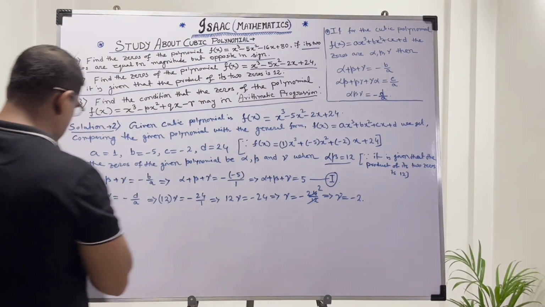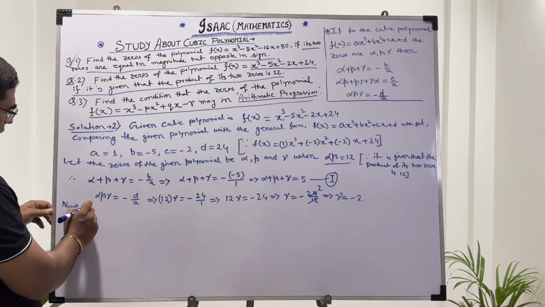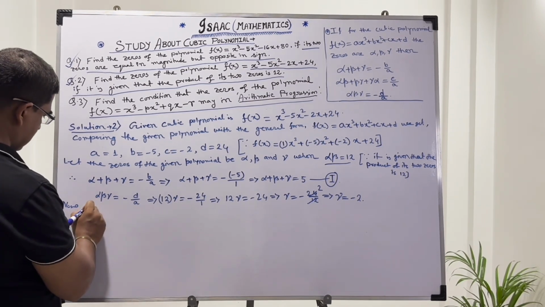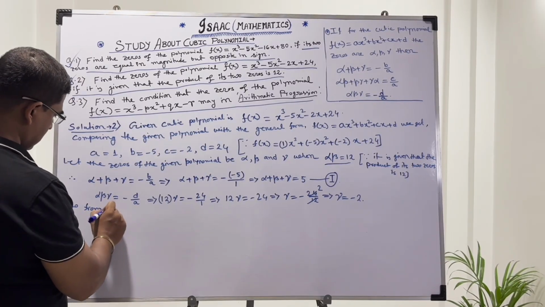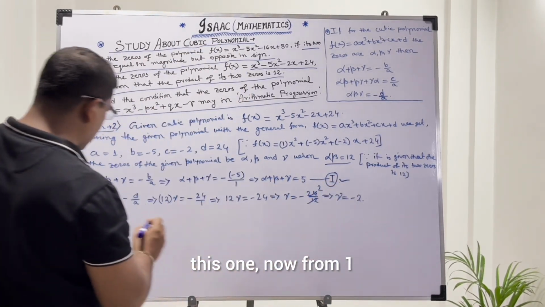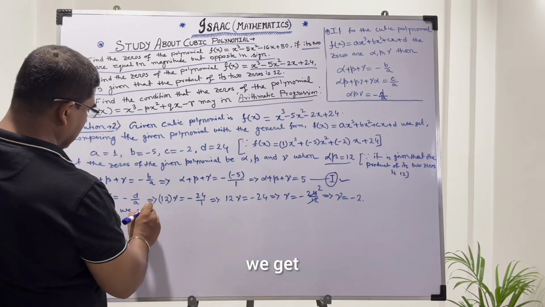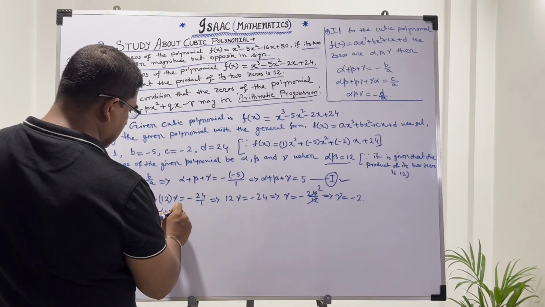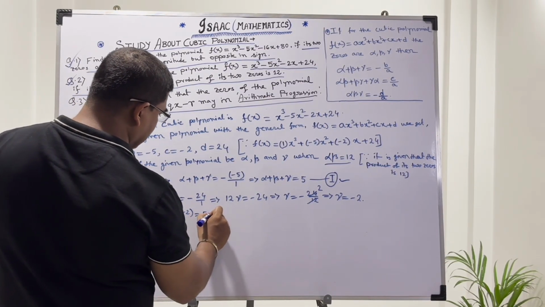Now, from 1 we get alpha plus beta plus minus 2 equals 5.